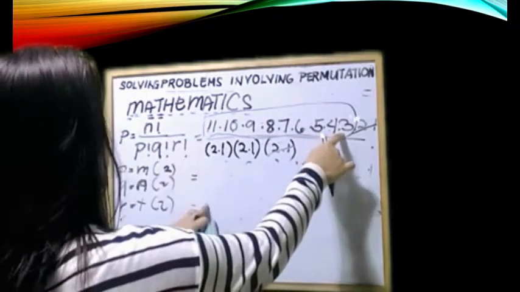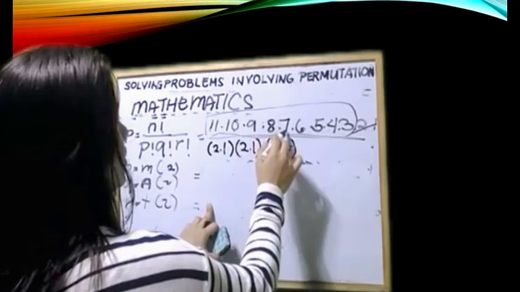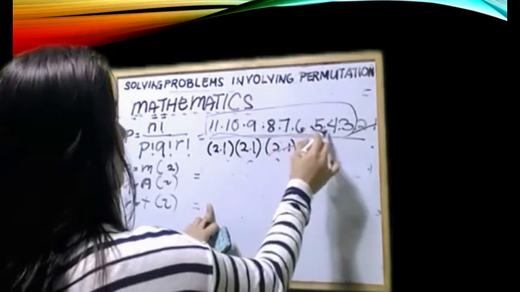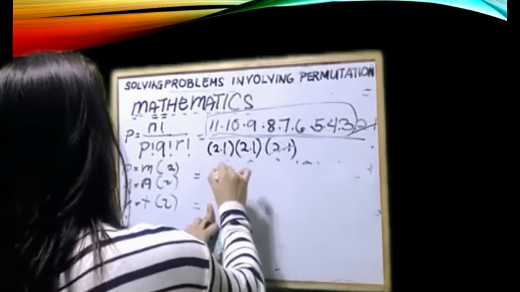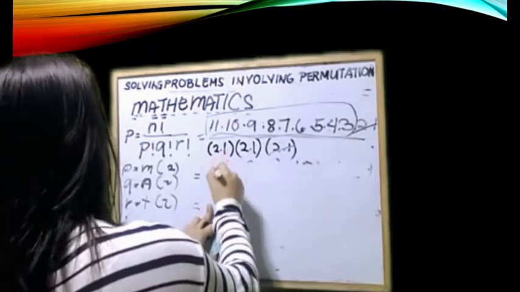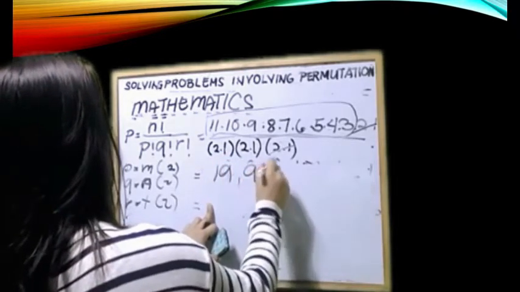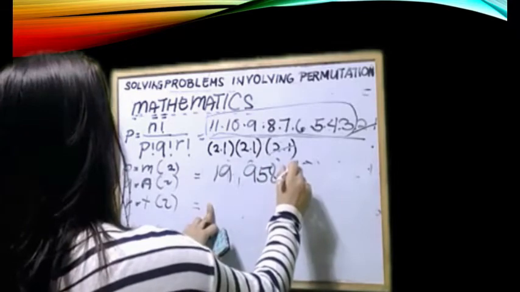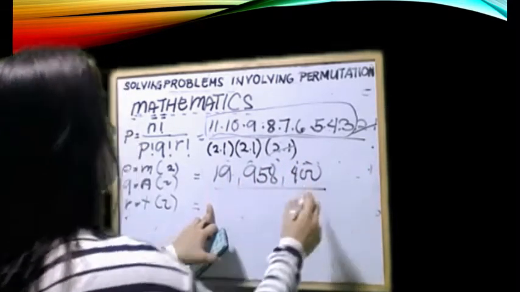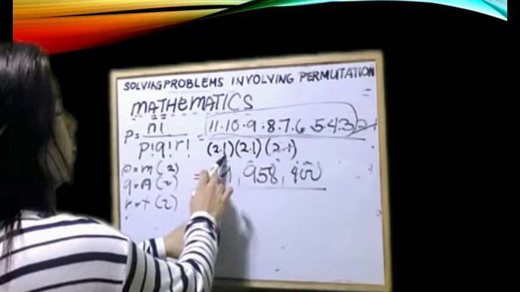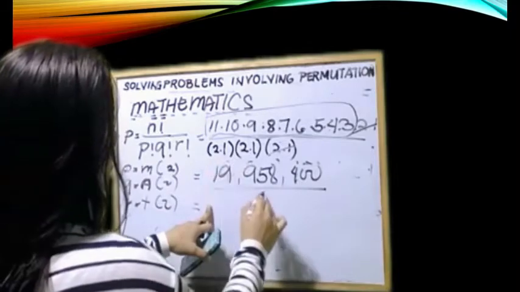So if you get the product of 11 times 10 times 9 times 8 times 7 times 6 times 5 times 4 times 3, it will give you 19,958,400, divided by 2 times 1, which is 2, times 2 times 1, which is 2, so 2 times 2 will give you 4.